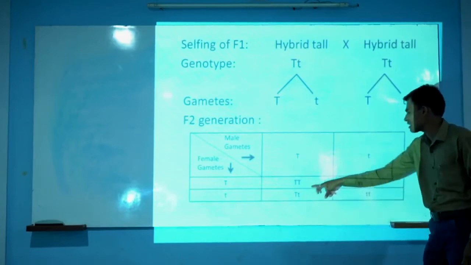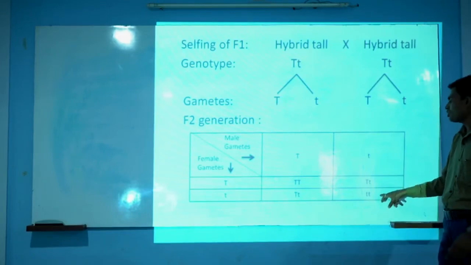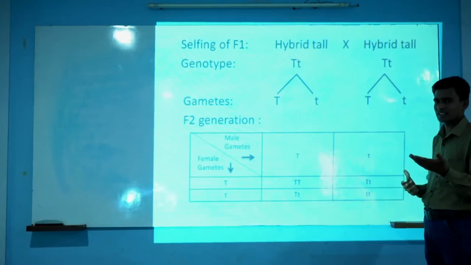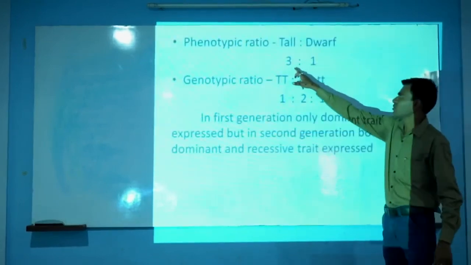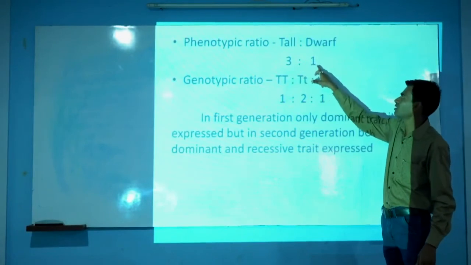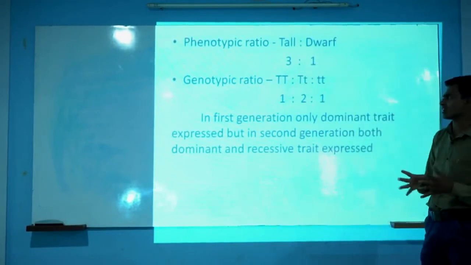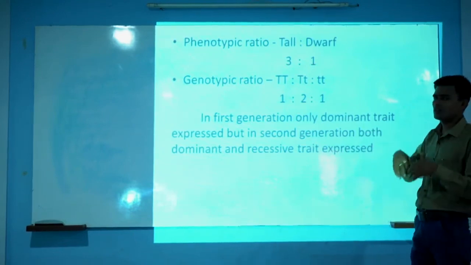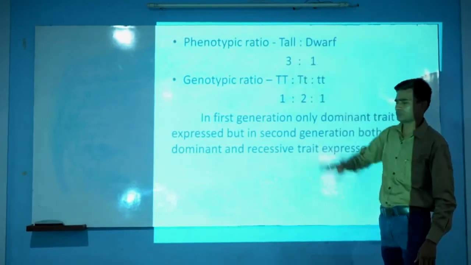So 3 plants are tall and only 1 is dwarf. So the phenotypic ratio is 3 to 1. Next slide. The phenotypic ratio is 3 to 1, 3 tall plants and 1 dwarf plant. The tall may be either homozygous or heterozygous, either pure or hybrid. So that is the phenotypic ratio 3 to 1.